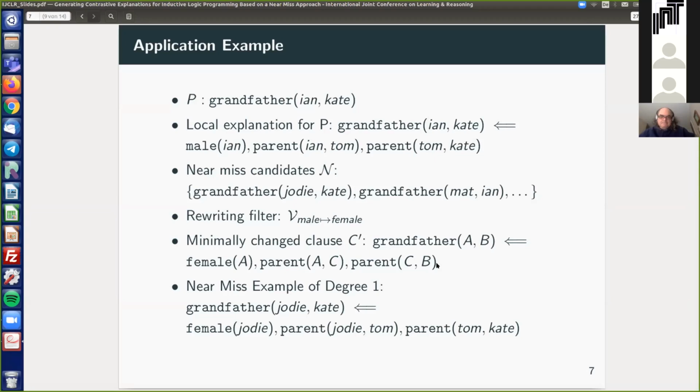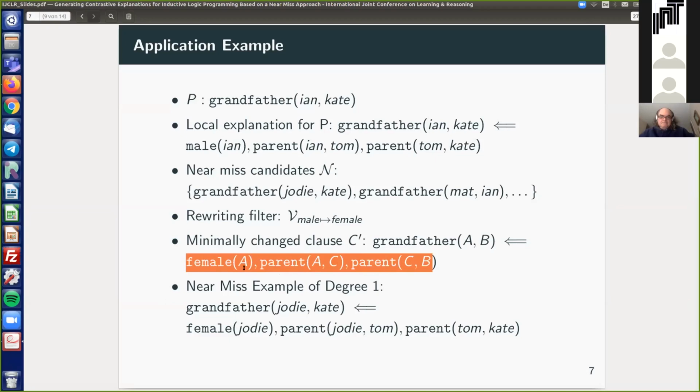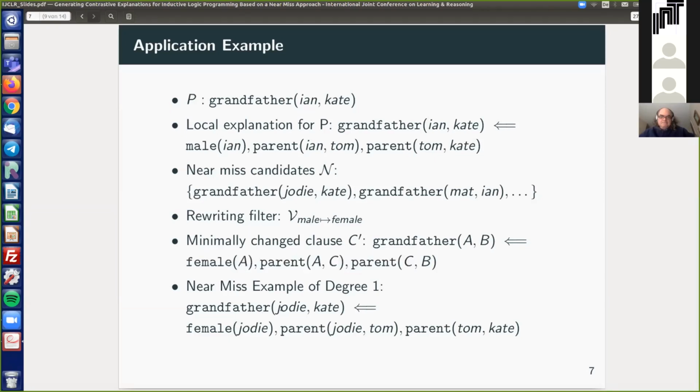And what you then can do is find the near miss example by just checking for which of the near miss candidates this new minimally changed body holds. In this case, you actually find one, the grandfather Jodie Kate thing here, where you say, now we have the female Jodie, and this is our near miss example.